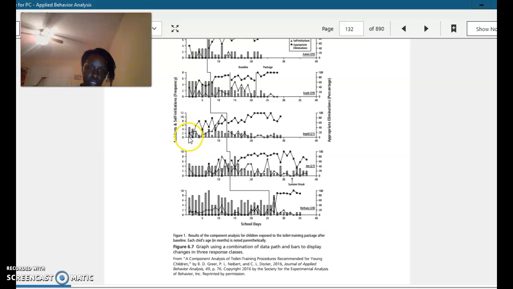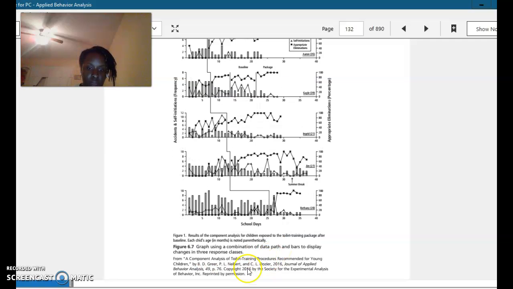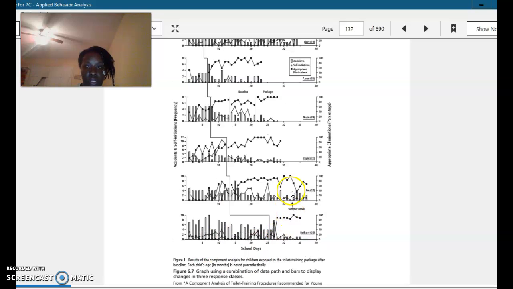So here you see your shaded-in bars, and then you also have your data pad. On the y-axis it says accident and self-initiations frequency, and for your x-axis it measures the school days. Here it says the combination of data path and bars shows the 3 response classes.